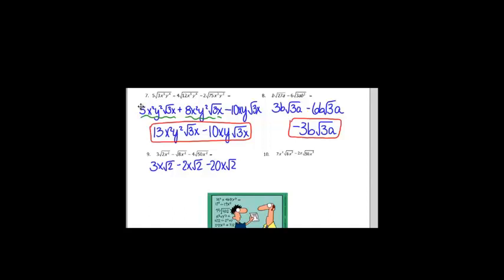So I can combine all of those together, giving me negative 19x radical 2. And finally, number 10, if I simplify that, I would get 14x cubed radical 2x minus 10x cubed radical 2x, which is going to give me a final answer of 4x cubed radical 2x.